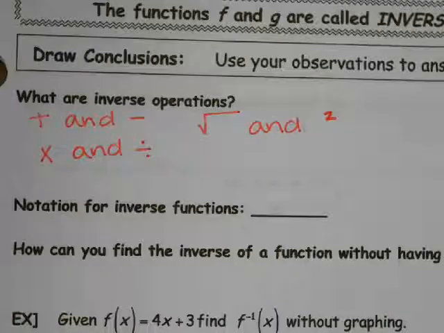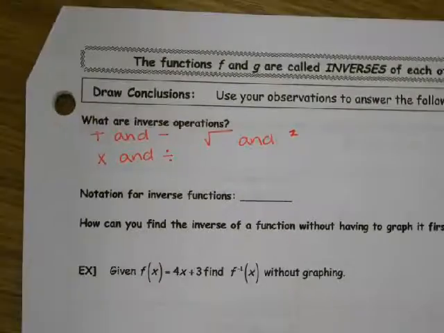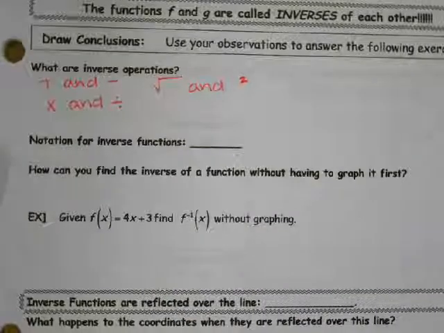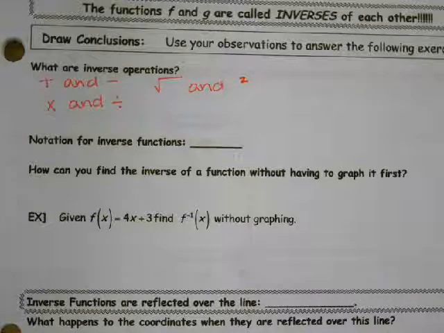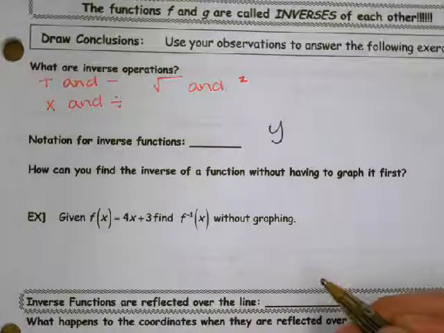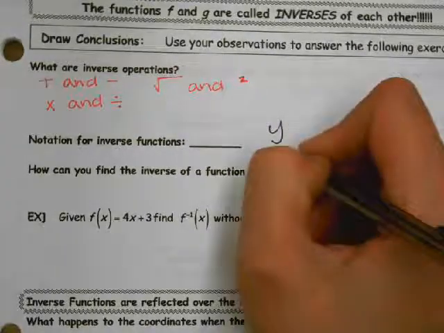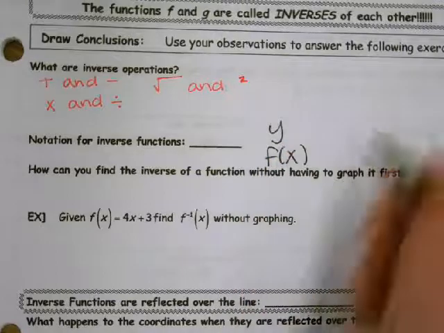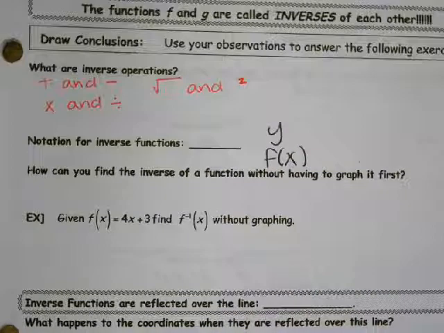All right, next your notes are asking about the notation for inverse functions. And here that's a small blank, but we actually have 2 different types of notation, so I'm going to write both of them down. Sometimes we're going to have equations that say y equals, and sometimes we're going to have equations that say f of x equals. And the notation for the inverse function is slightly different depending on which one they give you.